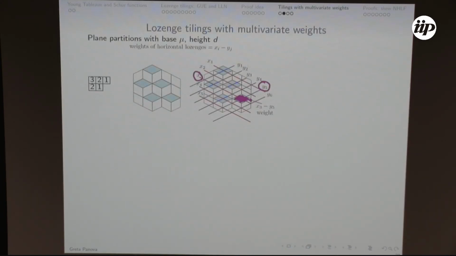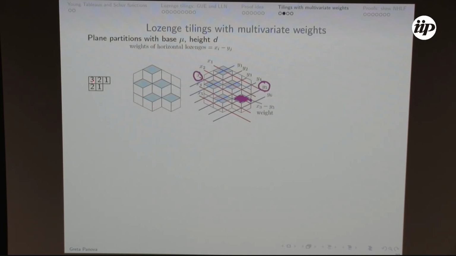So okay, here is our model. Here is our lozenge tiling. It corresponds to what's called a plane partition in combinatorics, boxes that are stacking on top of each other.